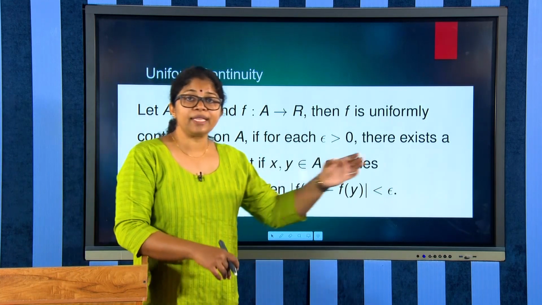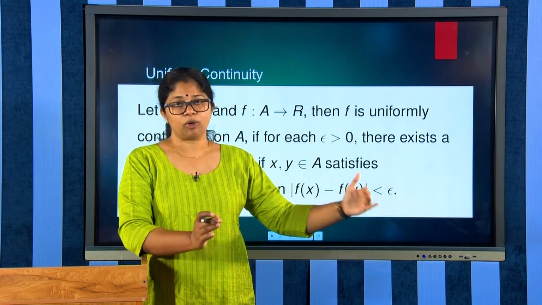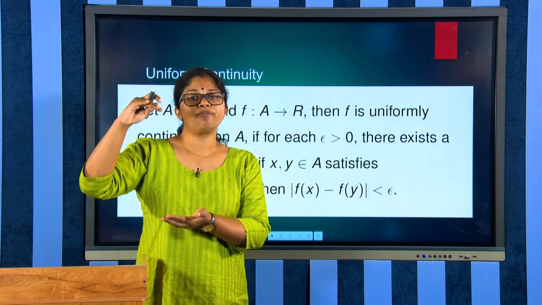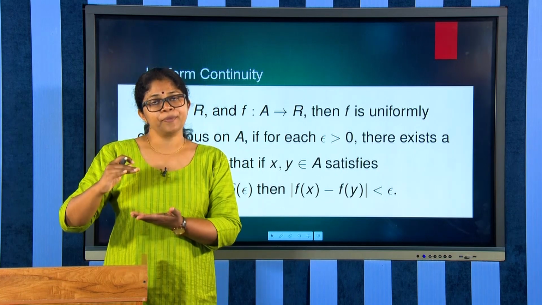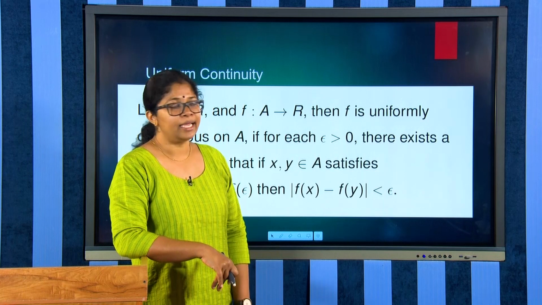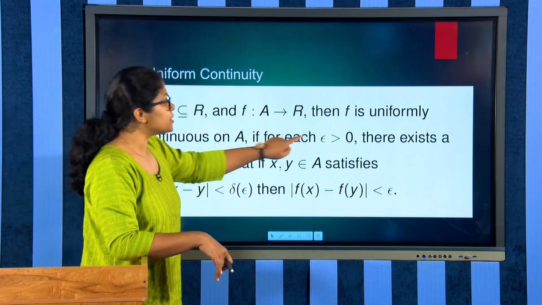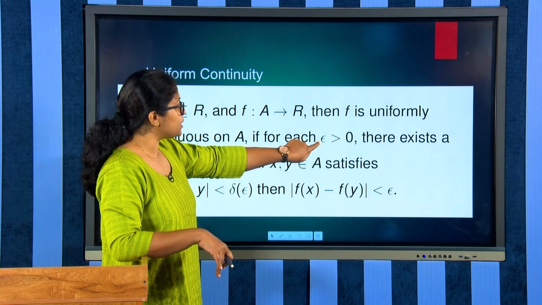Whatever be the x and y values, wherever we are taking the interval in the domain, the corresponding function values should have the same variation. That is exactly what is said in the definition of a uniformly continuous function, and that is the reason why we are writing like this.